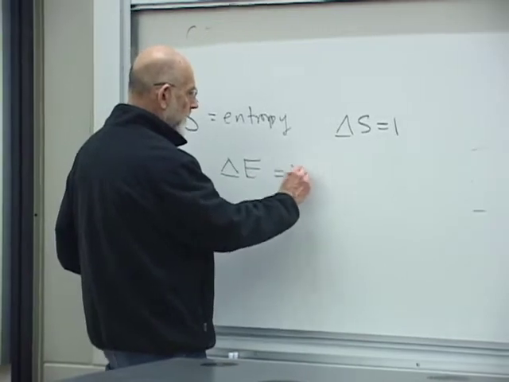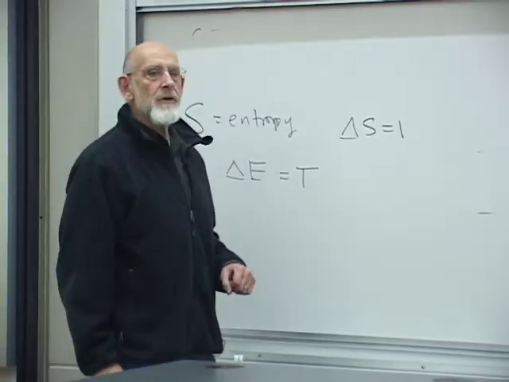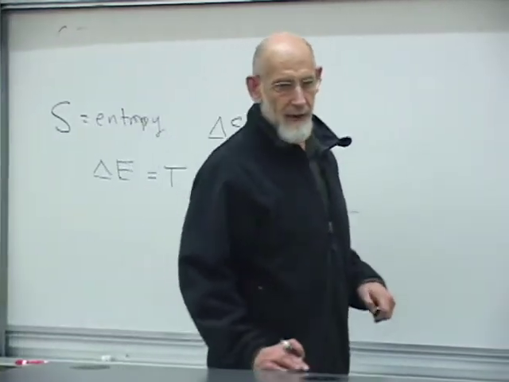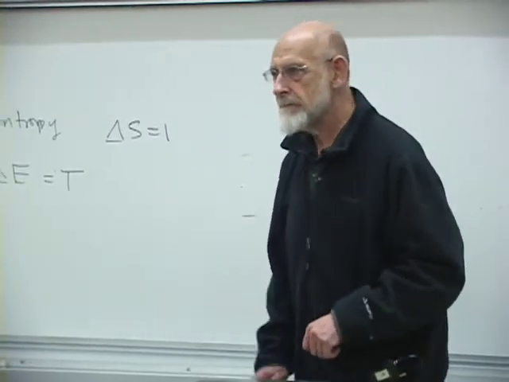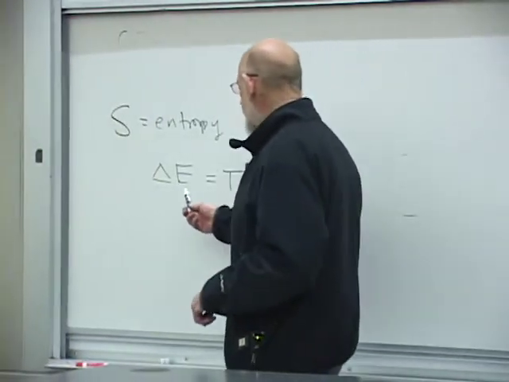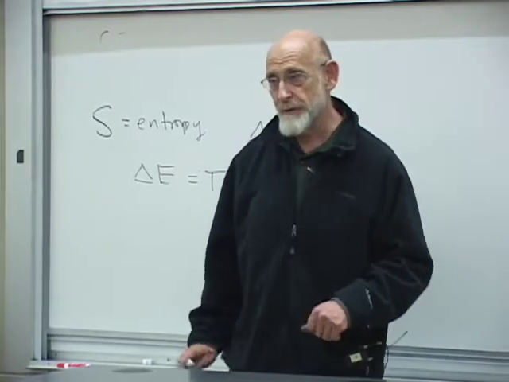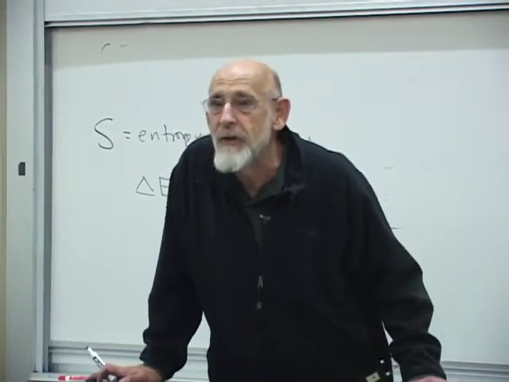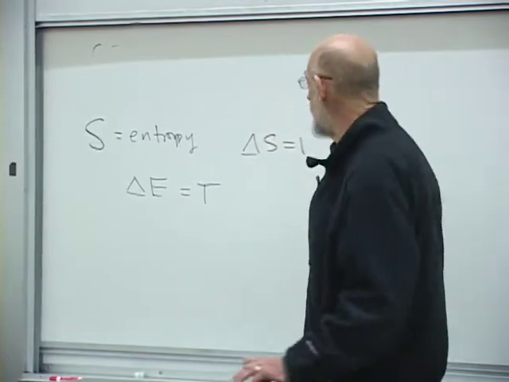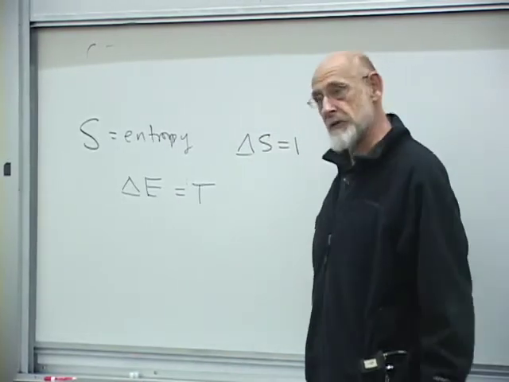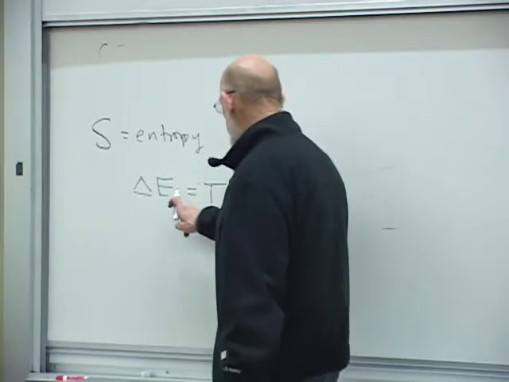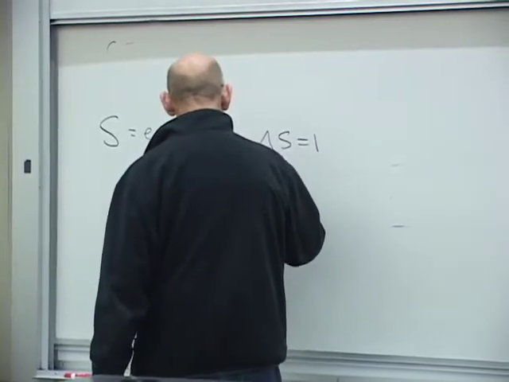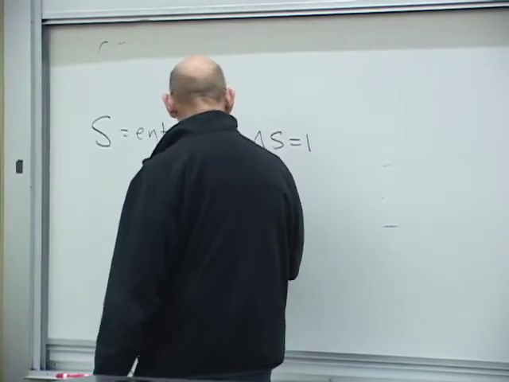What happens if you add 2 bits to the atmosphere? Then the energy of the atmosphere changes by twice the temperature. What happens if you add 3 bits? 3 times the temperature. What happens if you add S bits? Then the change in energy is T times the change in entropy.